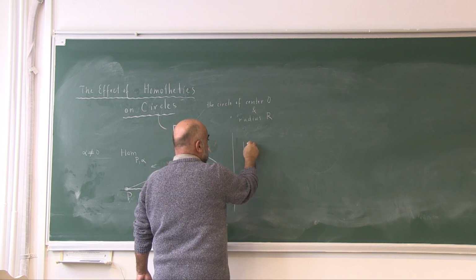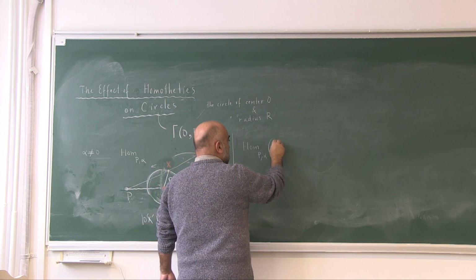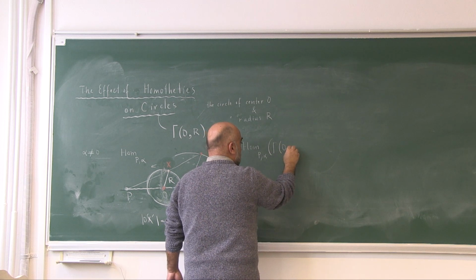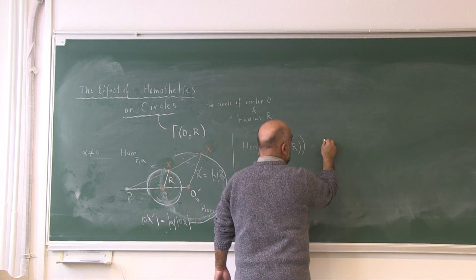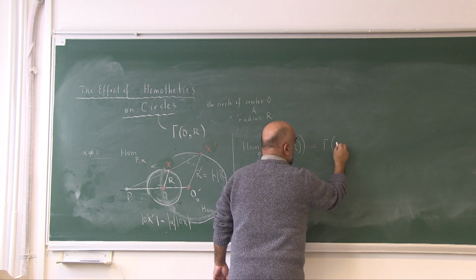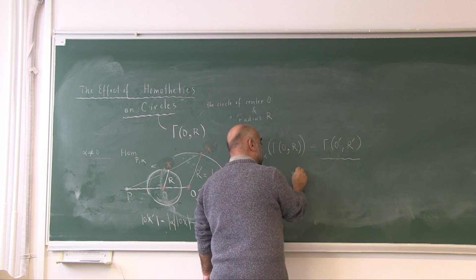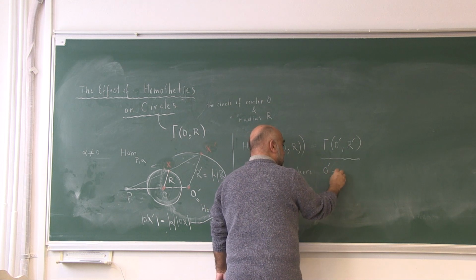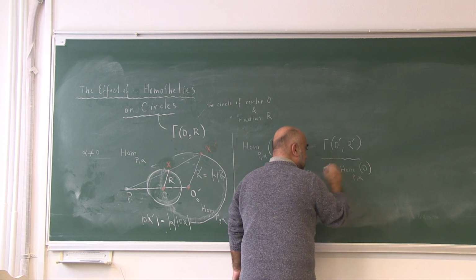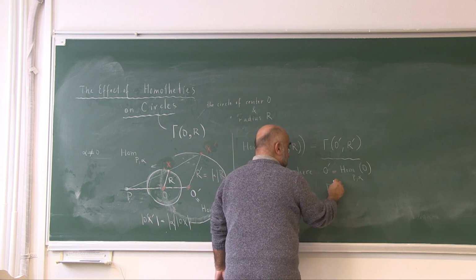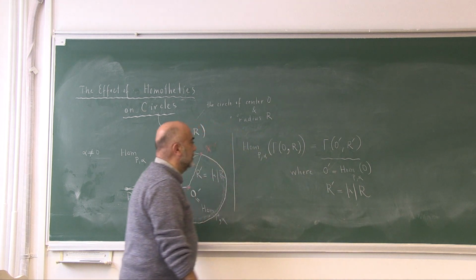So what we have established is the following. Given a homothety with center P and ratio of similitude alpha, its effect on the circle with center O and radius R is quite simply turning it into a circle O prime, R prime, where O prime, the center of the second circle, is simply the image of the center of the first circle under the homothety in question, and R prime is merely the radius of the first circle multiplied by the absolute value of the ratio of similitude.